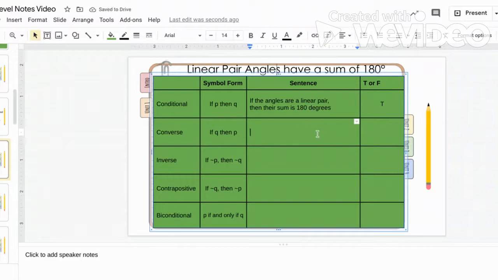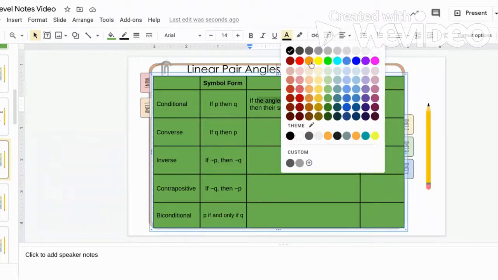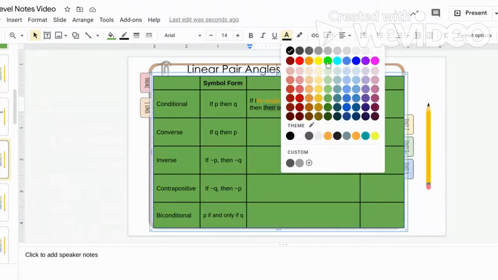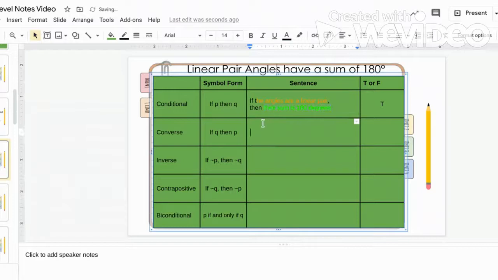Of course it is. Okay, the converse, we just take the hypothesis and the conclusion. We take those two things and we flip them.